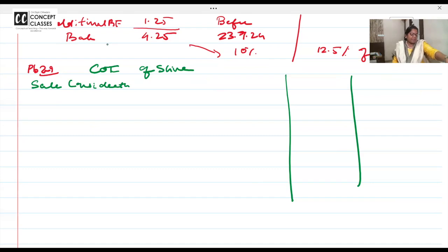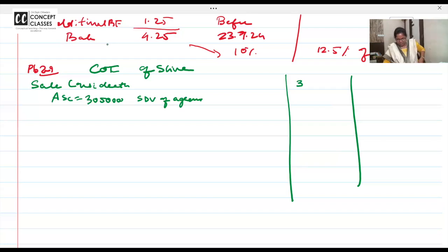Actual sale consideration is 30,50,000. Stamp duty value on agreement, how much is the stamp duty value?